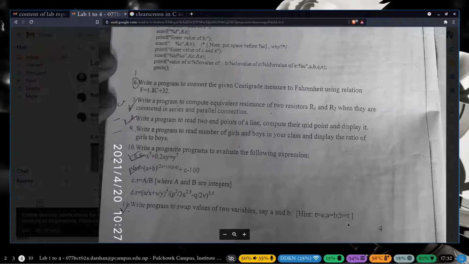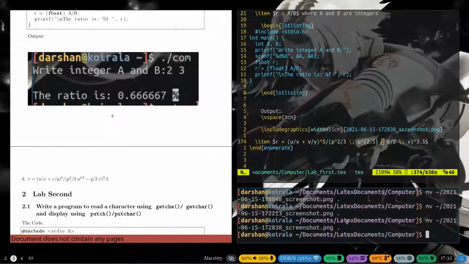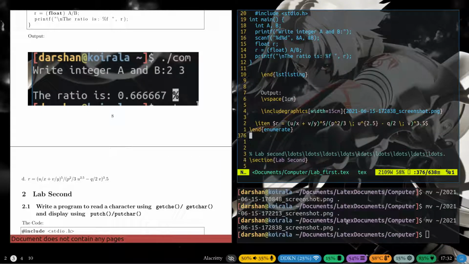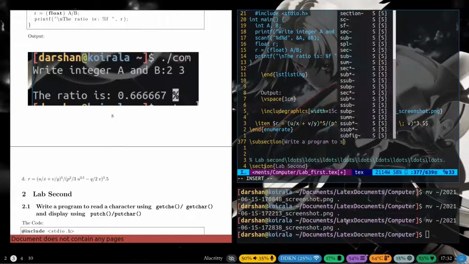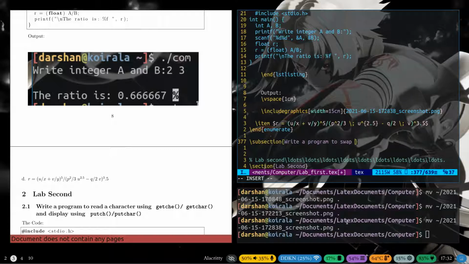Write the program to swap values of two variables. Okay. Section lab second, and write a program to swap values of two variables.